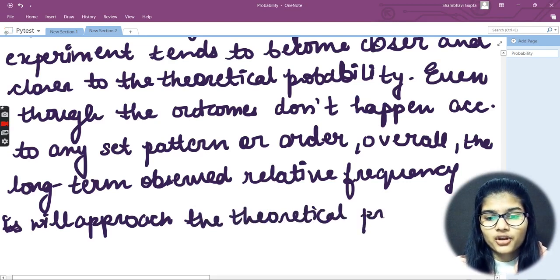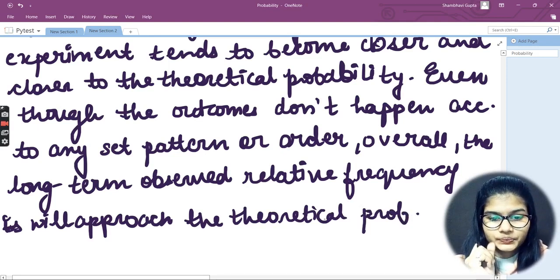I'm just simply writing the short form for the probability like this. The theoretical probability. Fine.